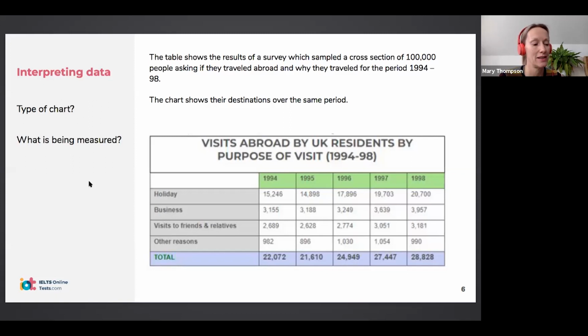So visits and the purpose of visits is correct. And what are the time periods for this? Yeah, 1994 to 1998, good. Okay, so which tenses should you use? The past tense, yeah. So it's all in the past, so you have to use the past tense, okay? Not the present perfect, which some people kind of make mistakes with.